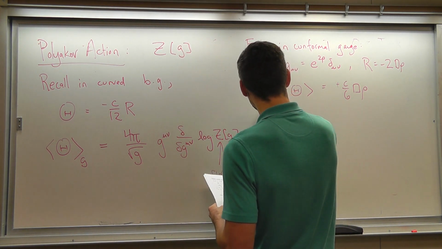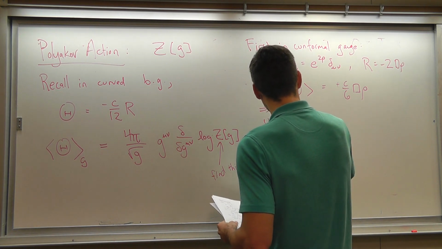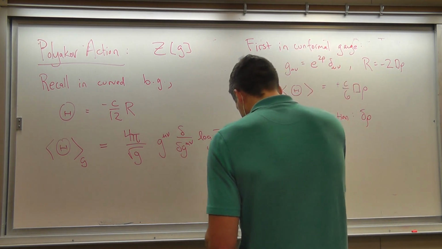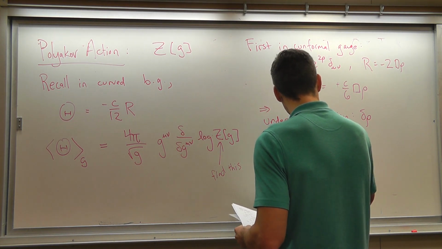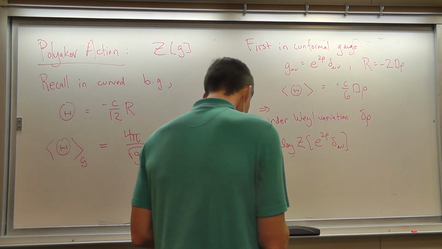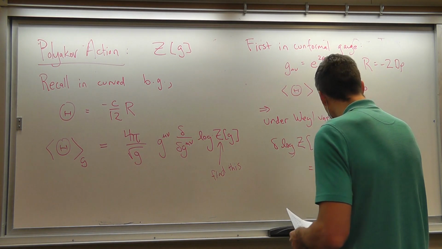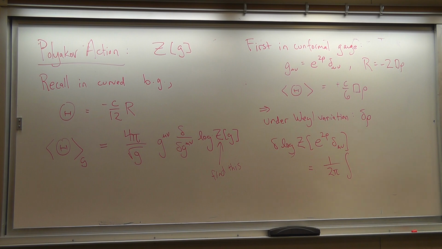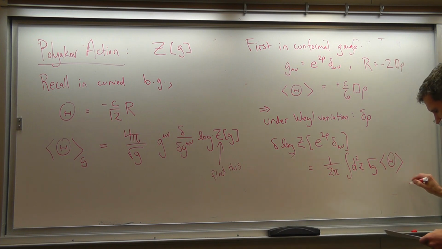Which means that under a Weyl variation, that is a variation with respect to rho, the variation of log Z of e to the 2 rho delta mu nu is, in general, the integral of the trace: integral d2z root g of the expectation value of Theta in this metric e to the 2 rho delta times delta rho.